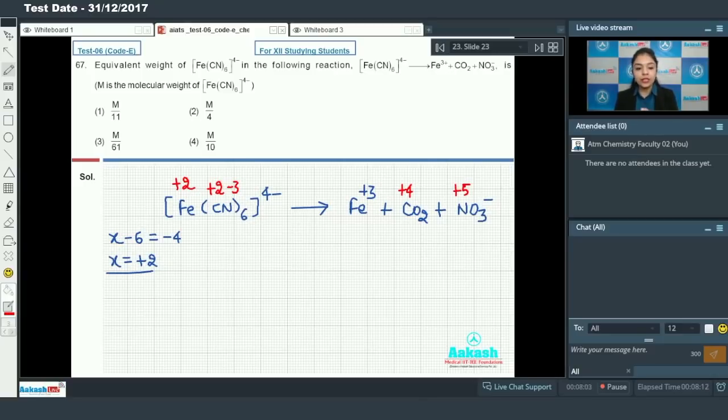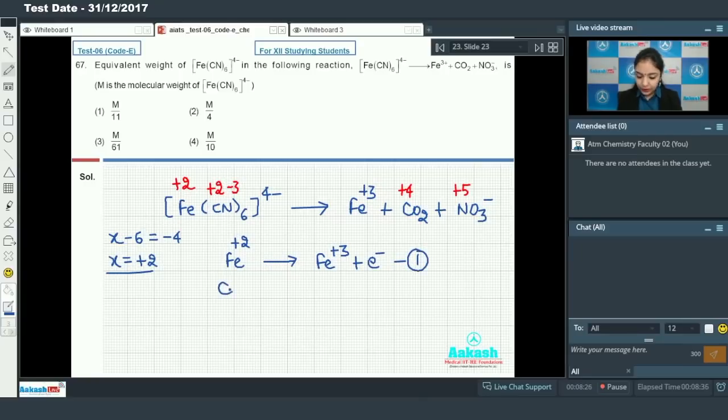You can see here in the complex, each of the atoms is undergoing oxidation. So write down the separate reactions. Iron plus 2 is converting into iron plus 3. So how much is the loss? 1 electron. This is my first part.